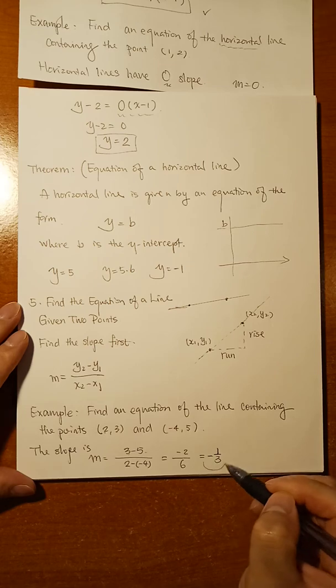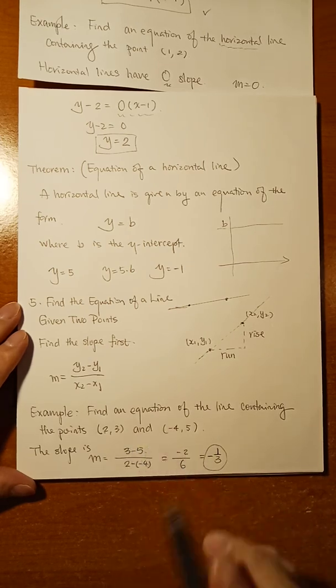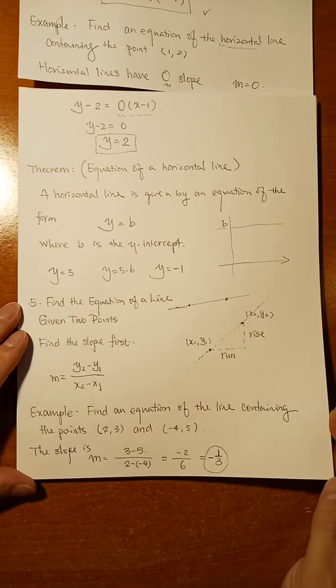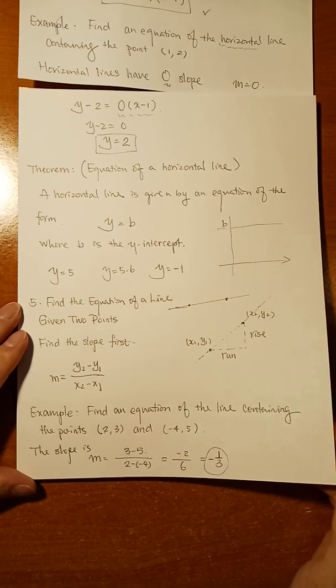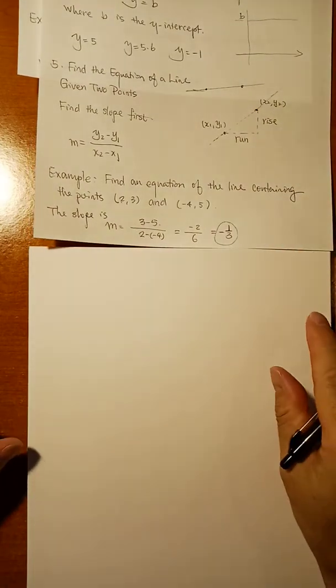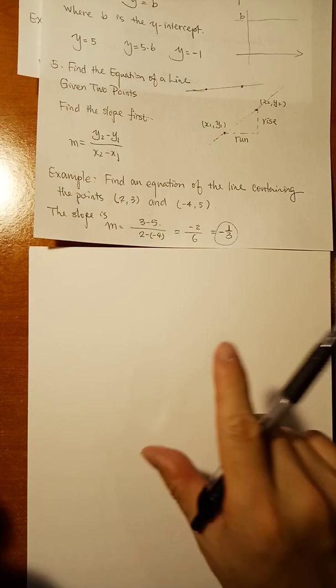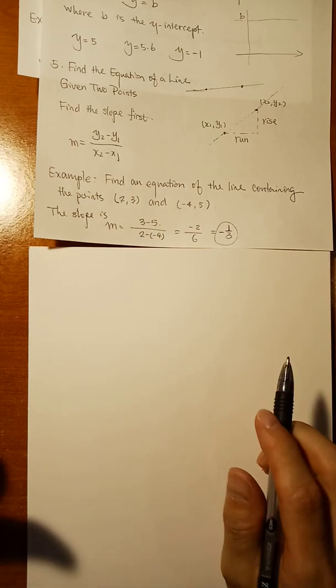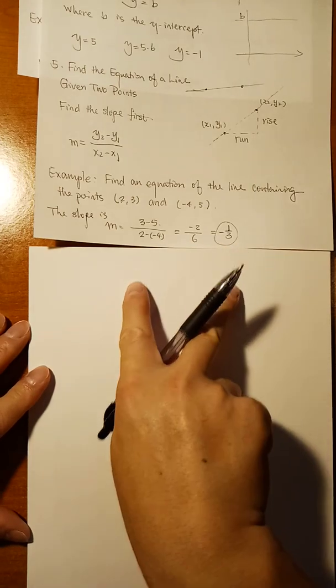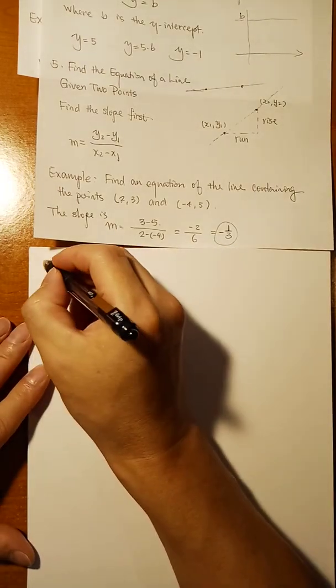Once you get the slope, you have 2 points. Just pick one. It doesn't matter which one you pick. The equation may look different, but eventually they will be the same. So you just need to pick 1 point, write down the point slope form. That's enough. But for me, I'm going to show you it doesn't matter which point you choose. So I'm going to do both computations.